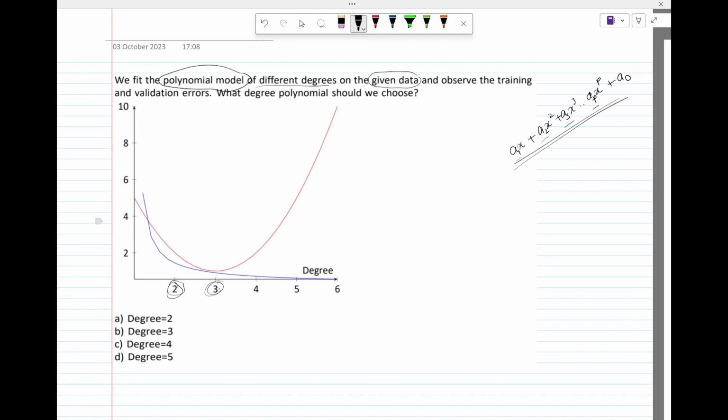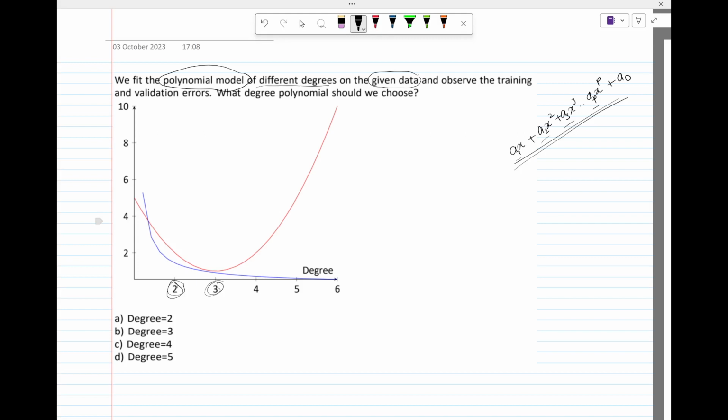There's a red plot and a blue plot. If you look at the blue plot, as you are increasing the degree of the polynomial, the training error is continuously, monotonically decreasing.